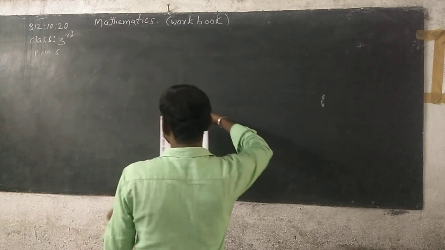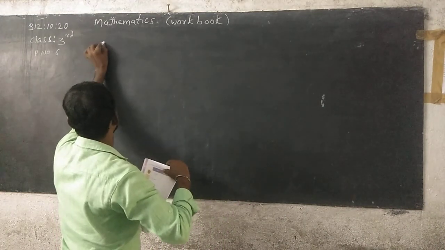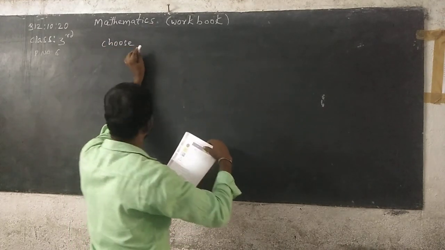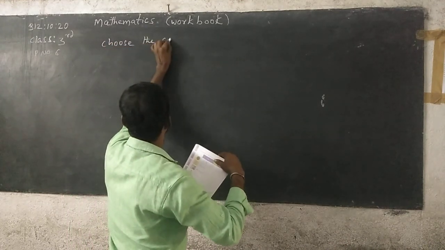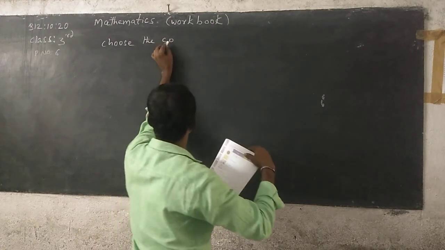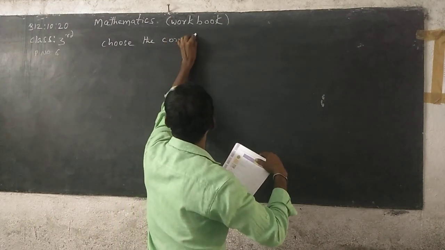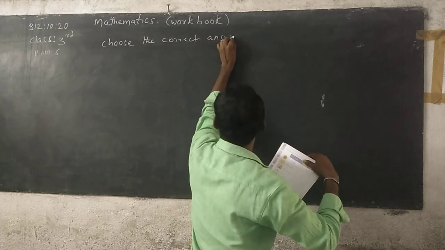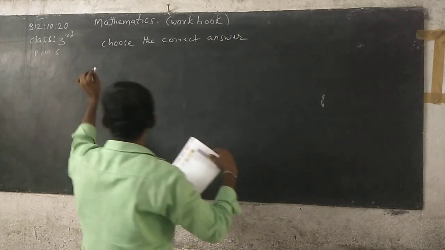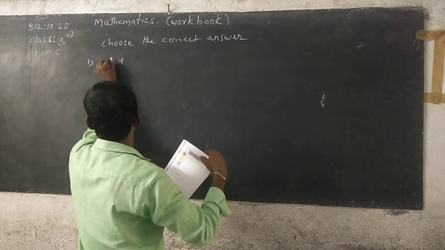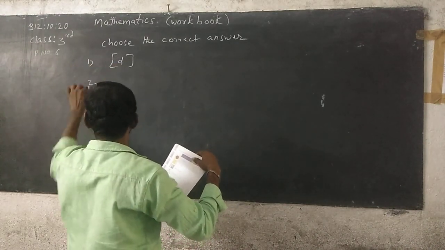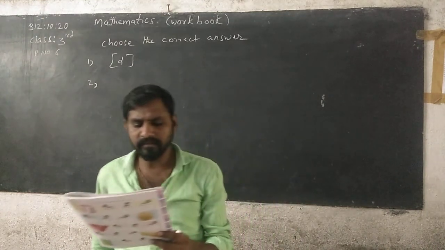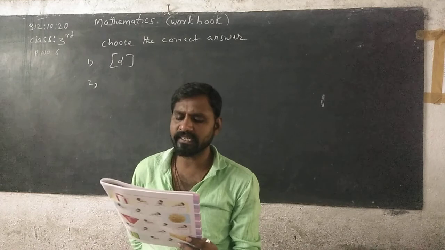So first one, D. Second one, which two solid figures have the same number of faces, edges and corners?